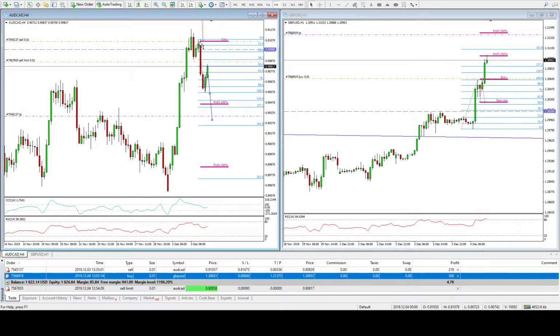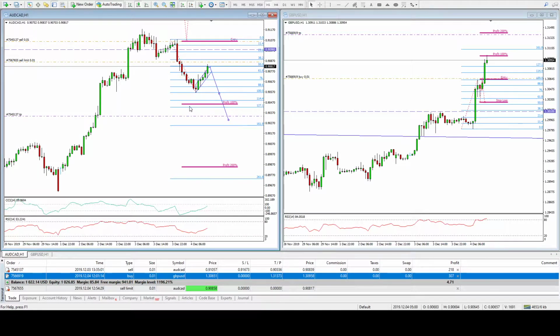My stop loss is above this bar right there. Going back to hourly. Okay, so actually this is, yeah, that's kind of like that. So this would be our stop.